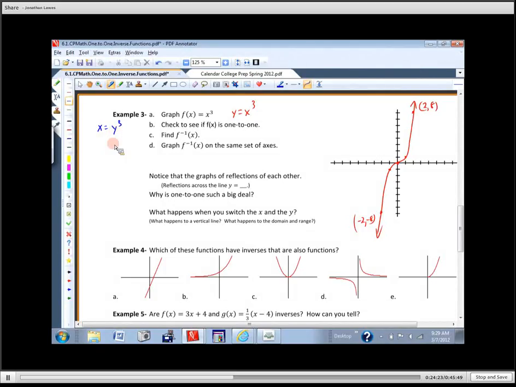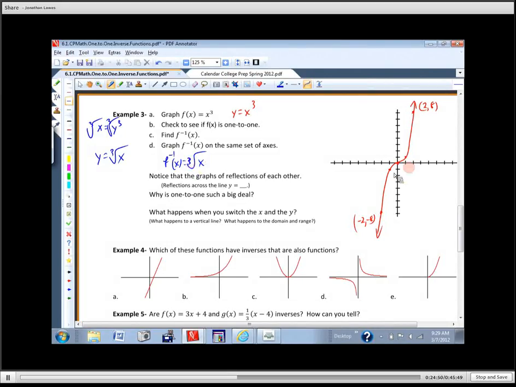Well, this is pretty easy. All we need to do is get y by itself. So we need to get rid of the cubing. How do we do that? Cube root. So I'm going to take the cube root of this side and the cube root of this side. So I have y equals the cube root of x. Or the way we'd normally write that, since those are inverses, is this: f inverse of x is the cube root of x.